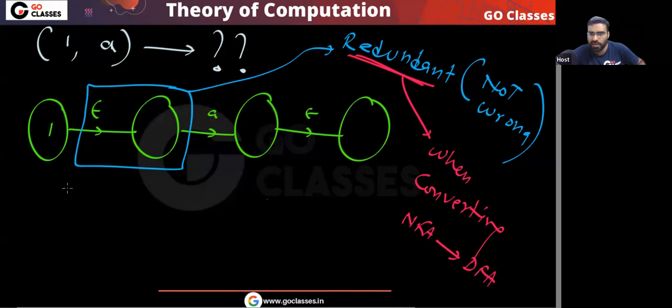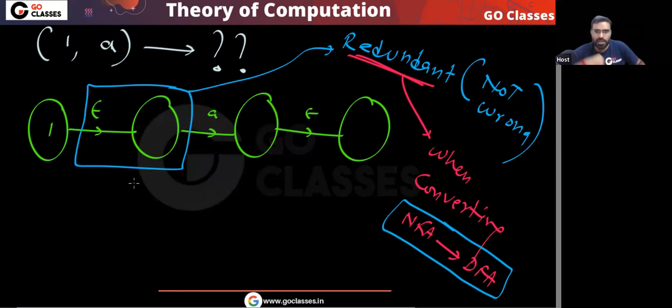Tell me one thing. When you calculate the extended transition function, is this redundant? No, this is not redundant. So please understand, this first step is redundant only when converting NFA to DFA, as I told you.